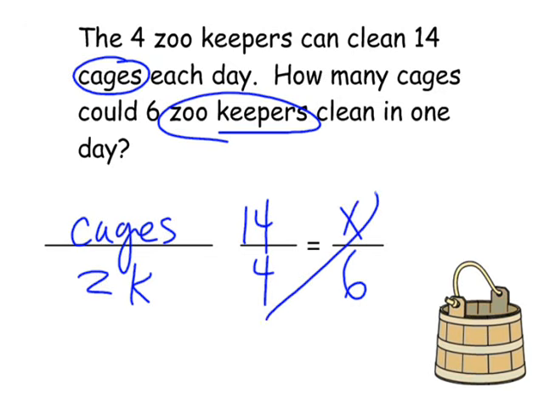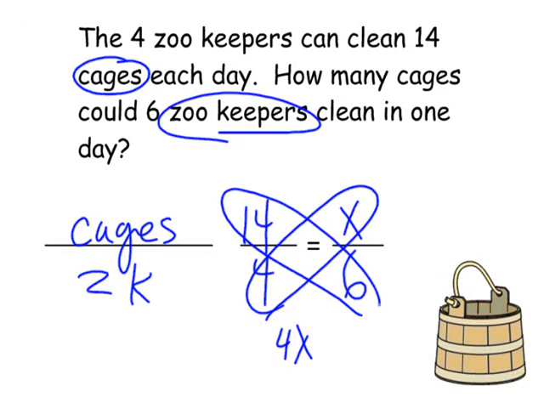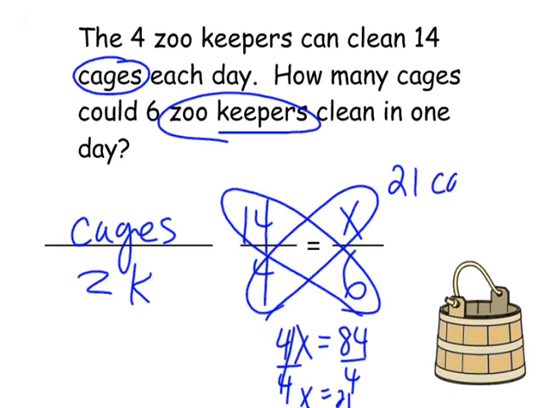I'm going to multiply 4 times x is 4x. 6 times 14 is 84. That's a one-step equation. I'm going to divide by 4. So x would be 21. That means the 6 zookeepers could clean 21 cages.